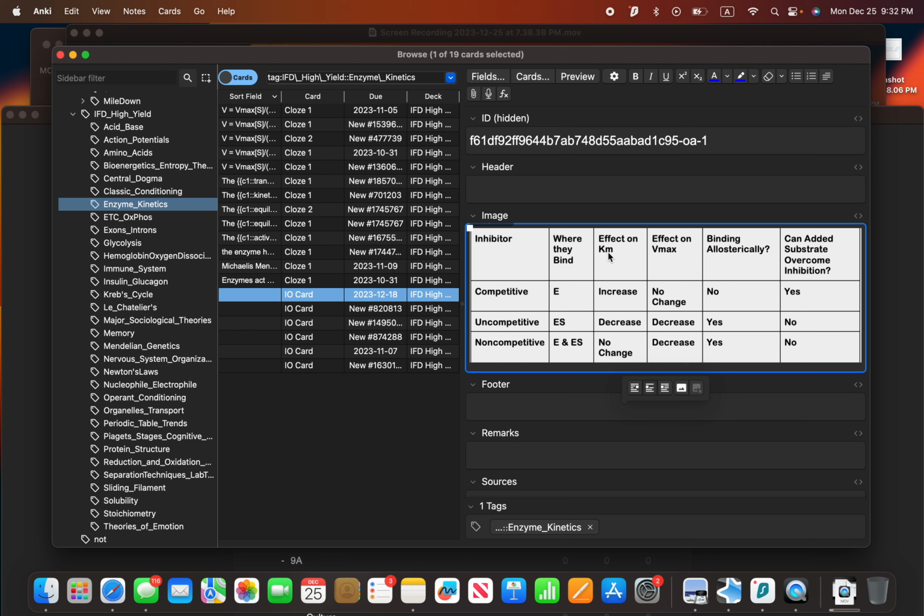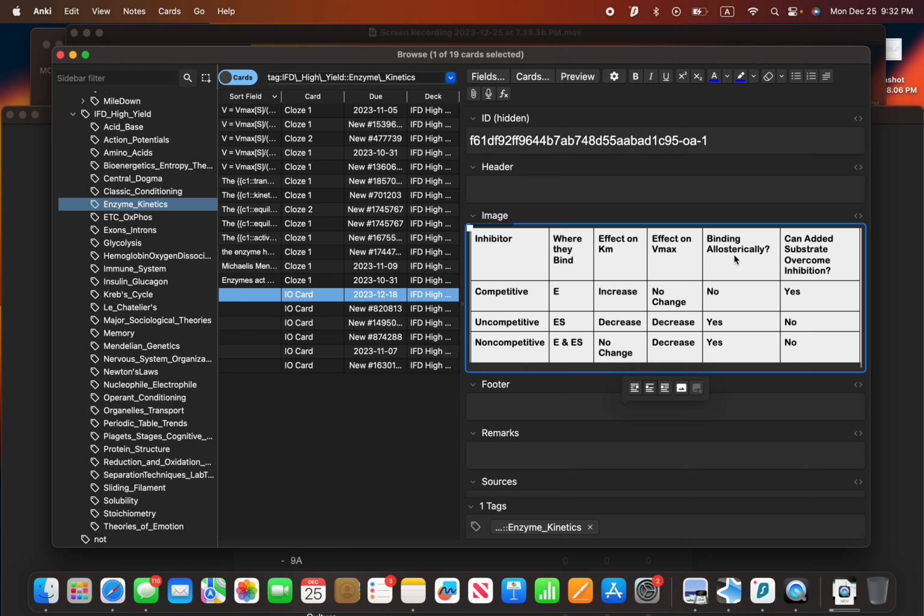Remember that if the substrate concentration needed for the enzyme is increased, then your Km is also increased. But enzyme and substrate affinity has a reverse relationship with the Km. So that's for the competitive inhibition.